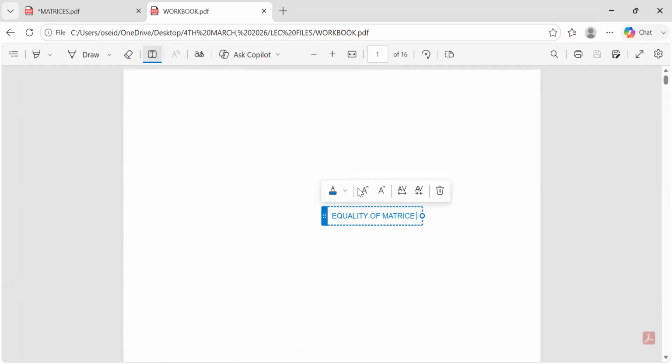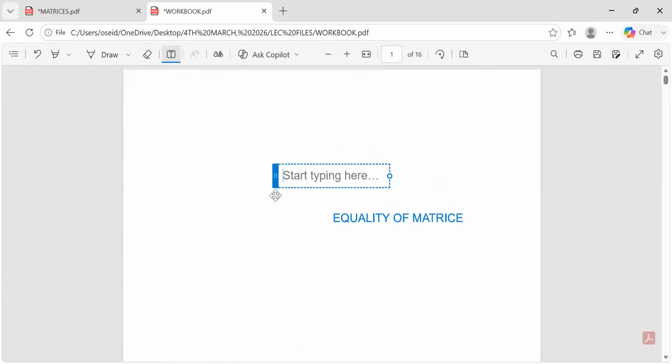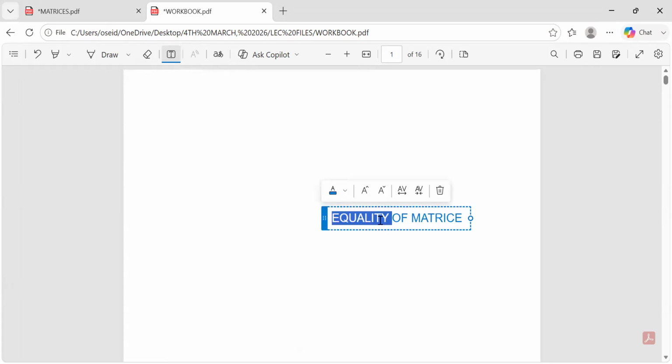Yes, equating matrices correspondingly to their components in the other bracket.